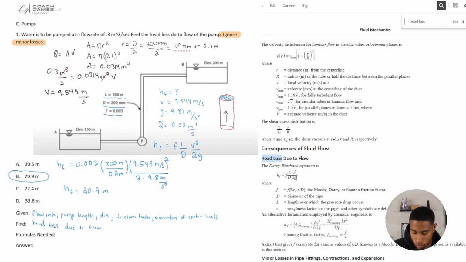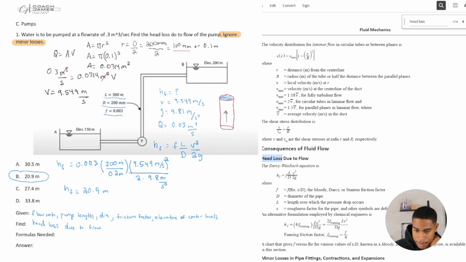So remember, if you're given flow, or if you're given an area and a velocity that's going through a pipe, then you can get your Q, which may help you in solving even more, especially for head loss.